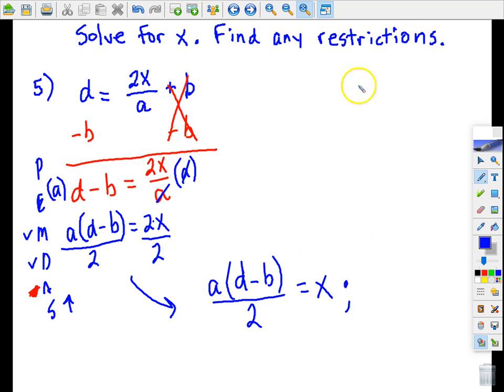Okay, so let's talk about restrictions. Do we have variables that need to be restricted? Or in other words, we've got to prevent or limit what the variables can represent. Now let's start with the original problem. Do you see a potential for dividing by 0 anywhere in this original problem?